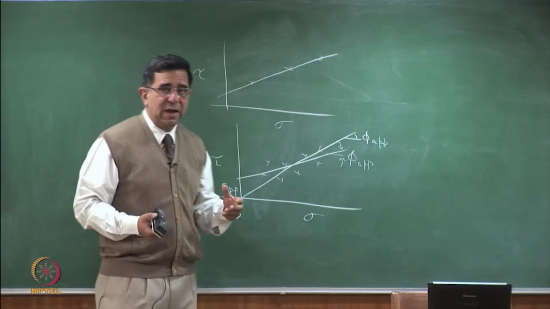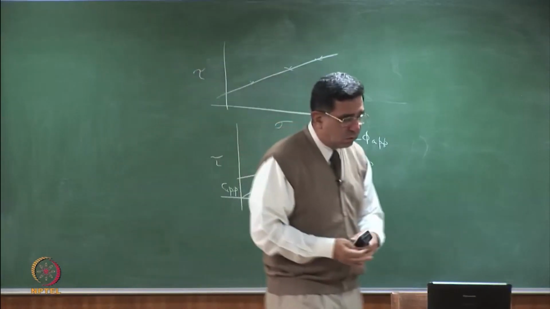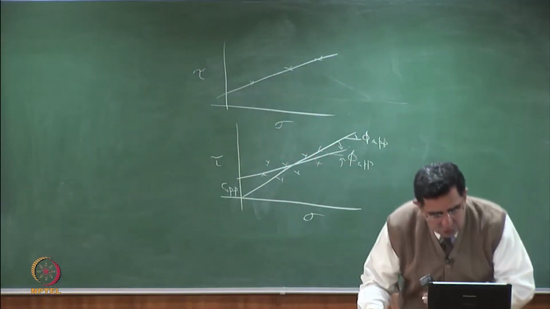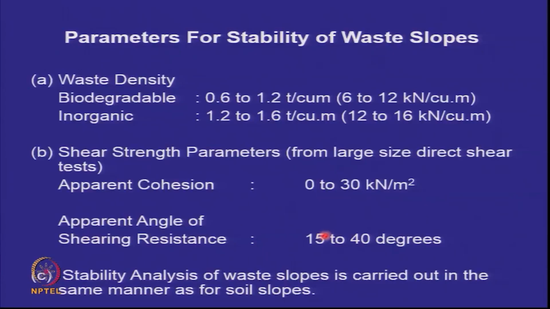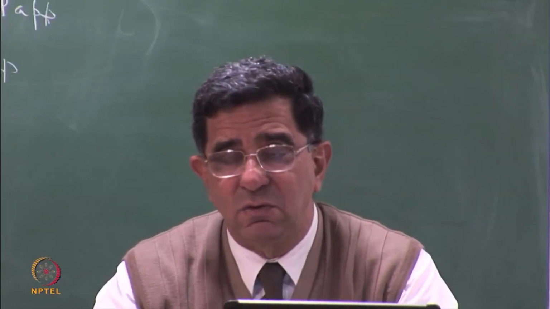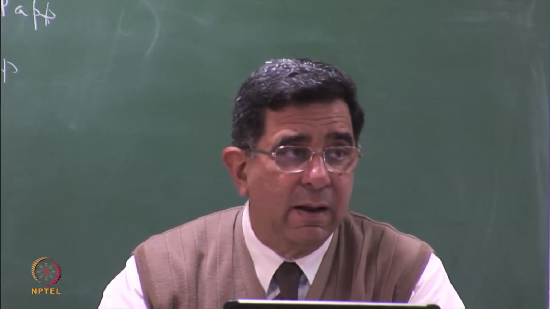And as I said, you can have as low as 0 for c dash and 15 degrees for a high water content, fine grained material, and you can have as high as 30 kilonewtons per meter square, and phi dash as high as 40 degrees. It could be more. Do your design with lower bound values. Why?